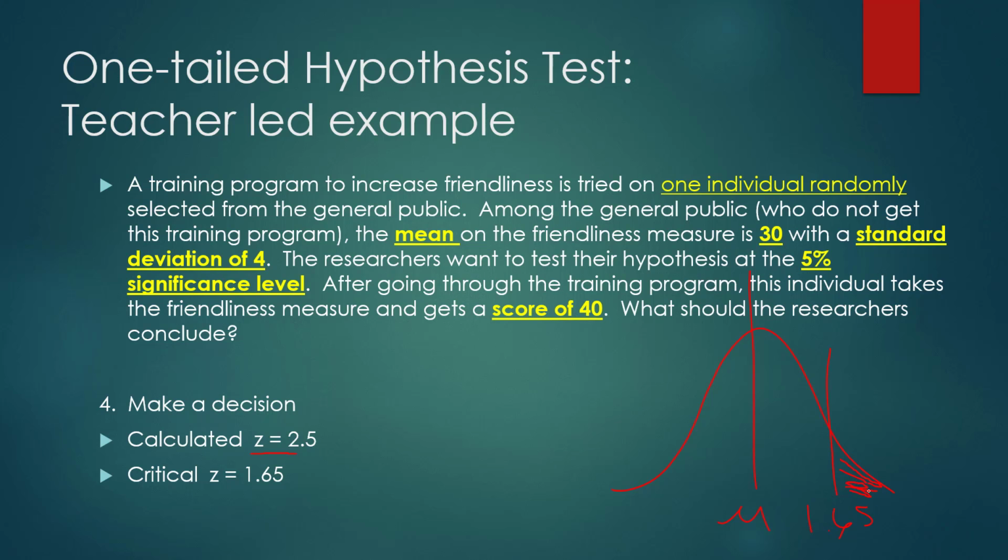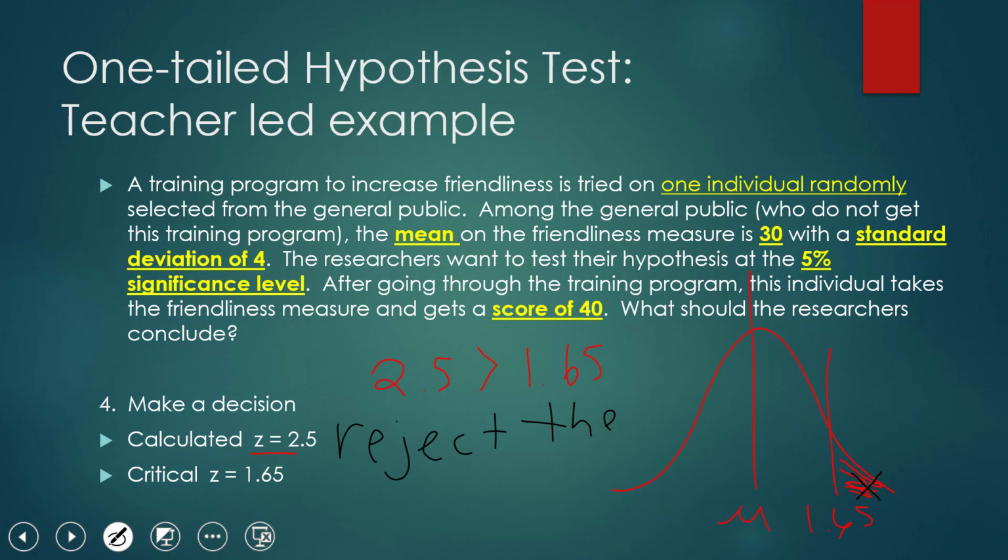In order for it to be in the critical region, it has to be greater than 1.65, and 2.5 is greater than 1.65, meaning that it's going to fall out here in this critical region somewhere, which means we reject the null.